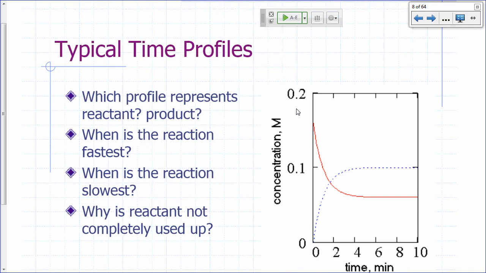So, based on the information we've had so far, which profile here, you got the red curve, let's call that A, and the blue curve, let's call that B. Which one represents a reactant of the reaction? So you monitor concentration of A and B versus time. Which one is the reactant? Which one is the product? Ready?